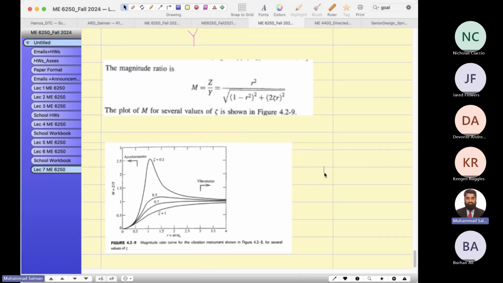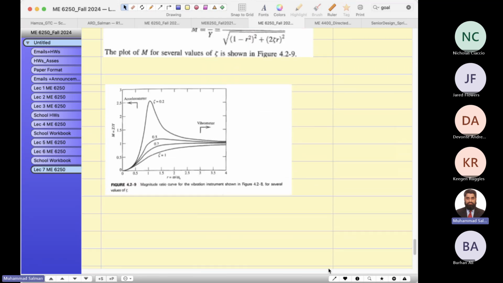What it is telling us is that if r is greater than or equal to 3, then this instrument behaves like a vibrometer. Let me show you why.